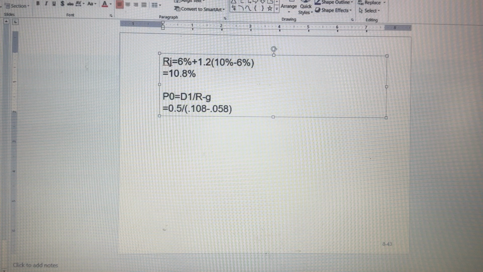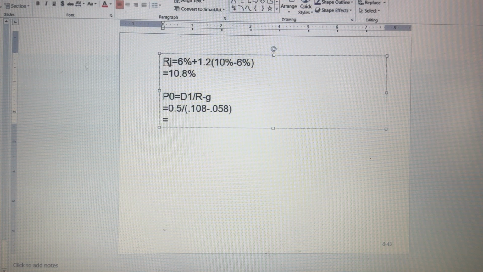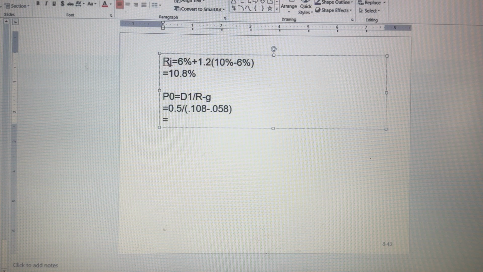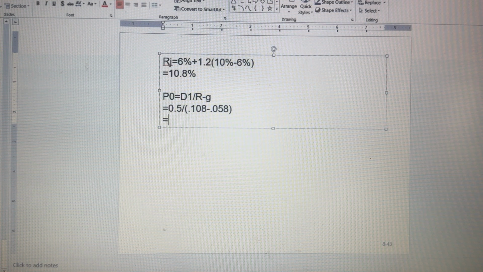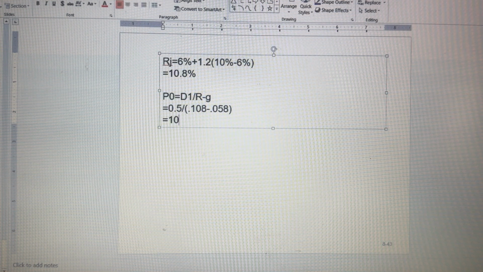So if we use this constant growth model, we find the theoretical price, the actual worth of this share, using the dividend model. We found the price: 0.5 divided by 10.8 minus 5.8, so that is equal to 10. 10 rupees is coming.